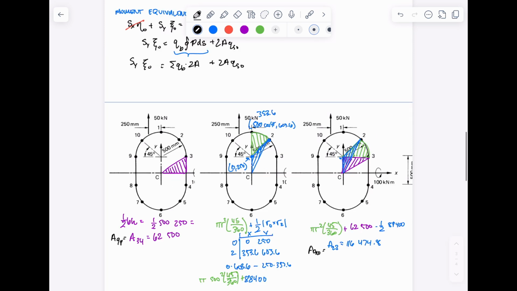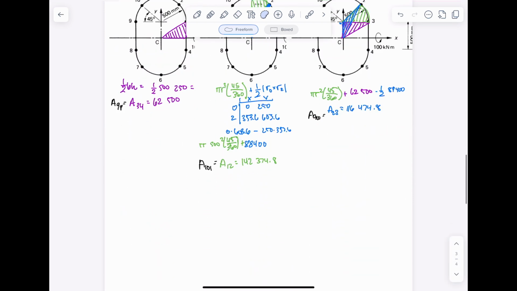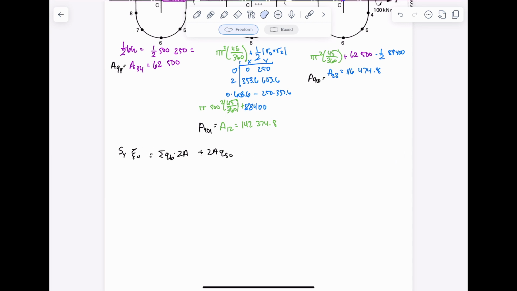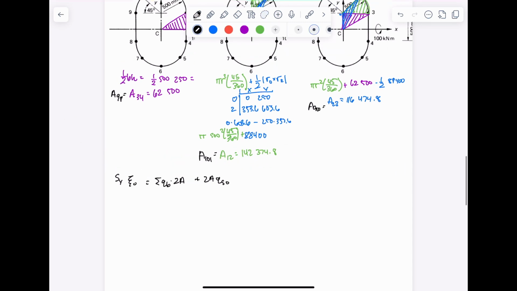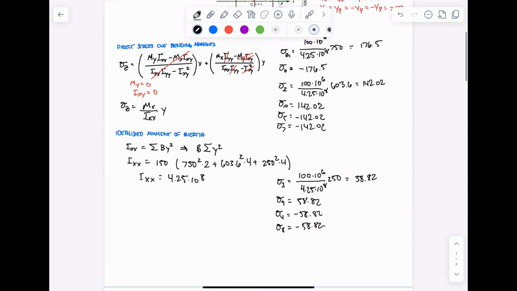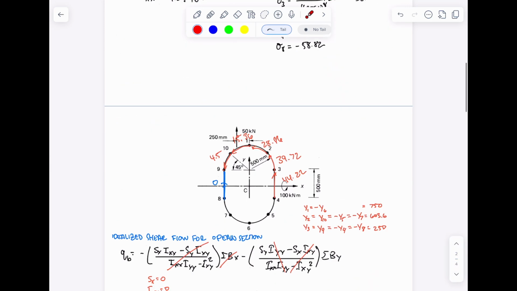Now we get our formula here that we have. Copy, paste. Let's put it right here. All right. We know that the Sy, the shear force that was given to us all the way up here, is 50 times 10 to the power 3 newtons.